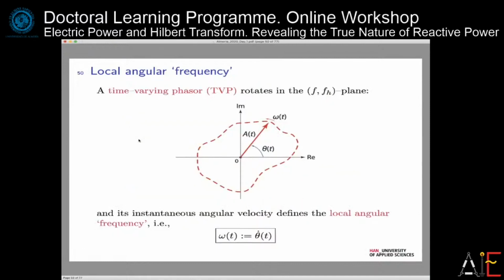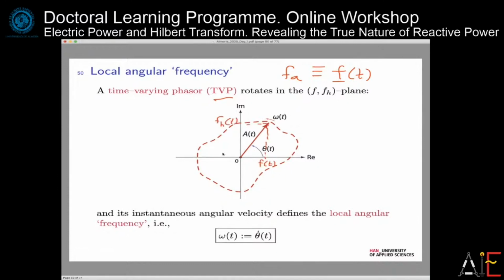We had F_A as an analytic signal, and I now like to make this equivalent to the bold-faced F introduced before, and I like to call that a time-varying phasor, the TVP for short. So that is just a phasor that rotates in the complex plane, or in the real and imaginary signal plane over here, because if I do the projection here, I get the original signal, and the projection there will give me my Hilbert transformation.